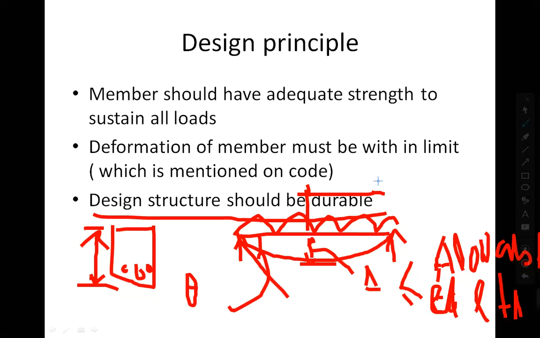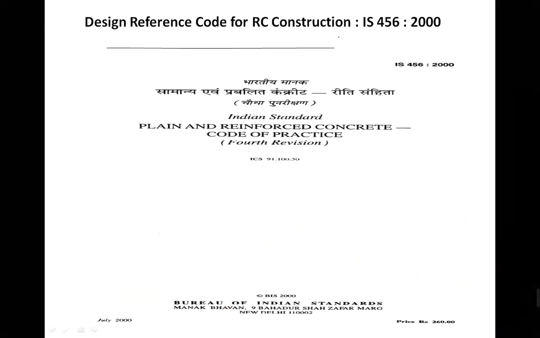This code you have to collect, either from me or from the internet. You download this code and take a printout, and get this printout copy signed by the HOD, because this code is allowed in the examination hall. You can carry this code at the time of examination.